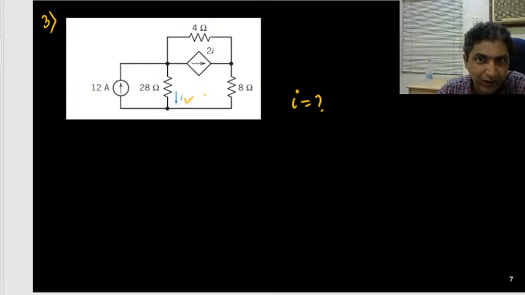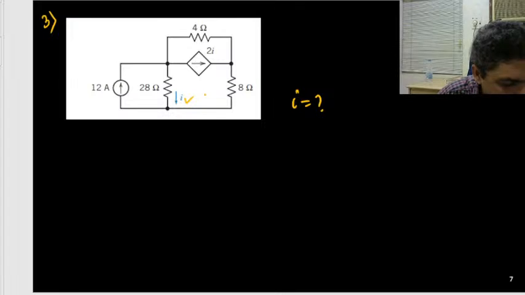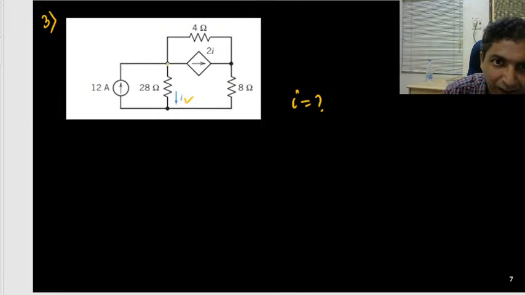Can you go for node analysis? If you go for node analysis, how many nodes do you need to consider? One could be the return node, and we need to consider how many nodes? At least here and here.